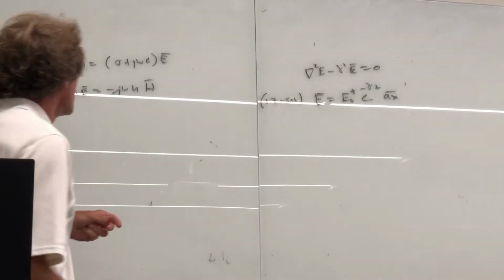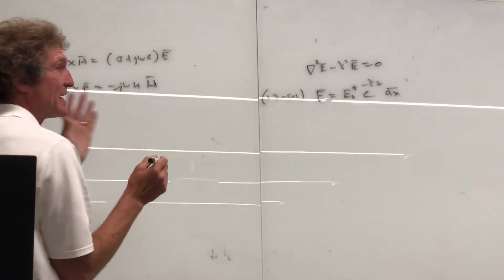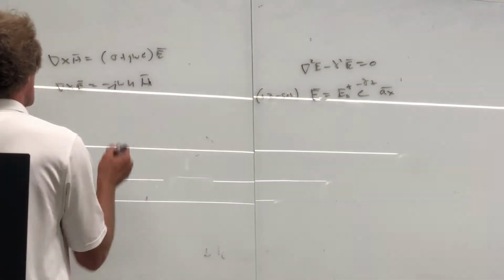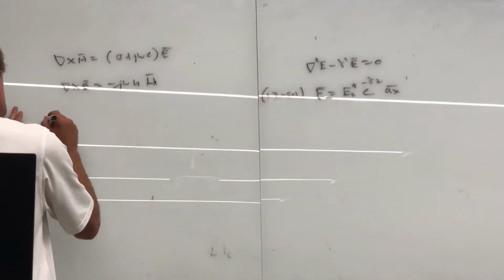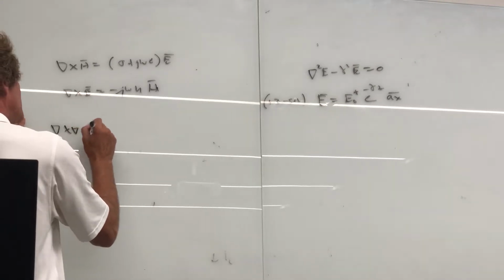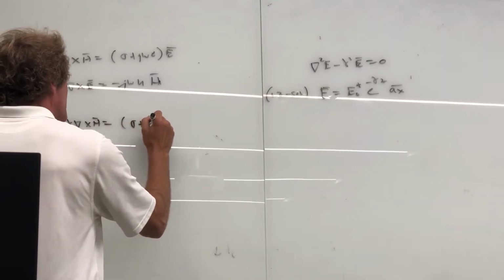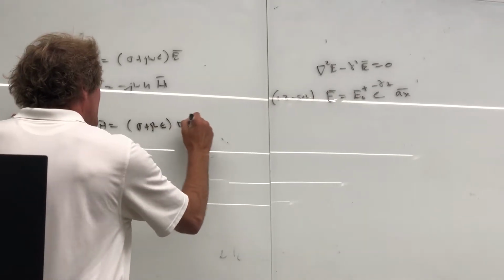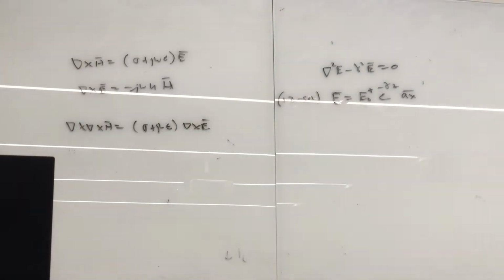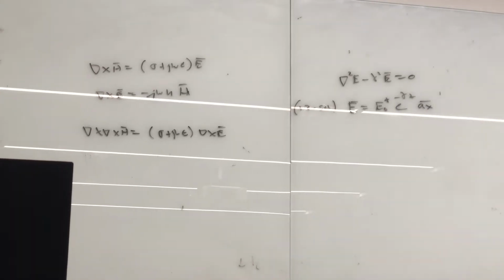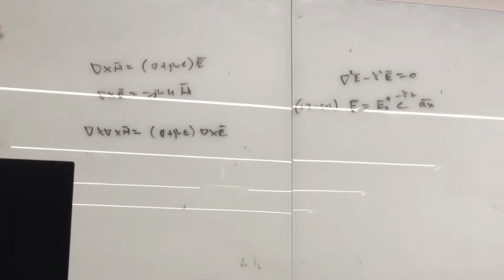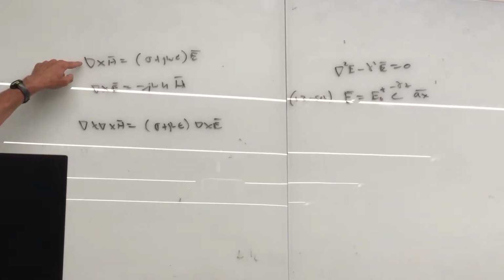When I take this, if I wanted just one equation in H, not E, then what I could do is take a curl of that one, and I would get curl of curl of H is equal to sigma plus j omega epsilon times curl of E. You follow me? With me on this one? Then I'm just taking a double curl of this equation now.